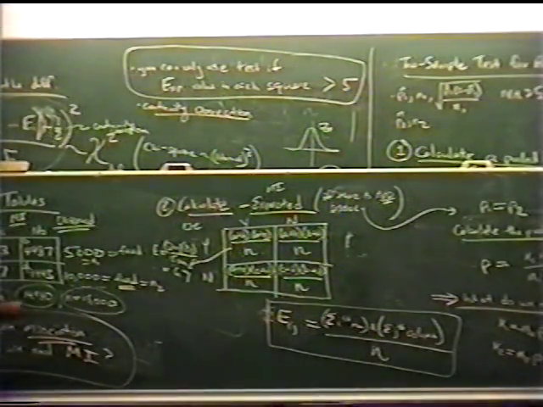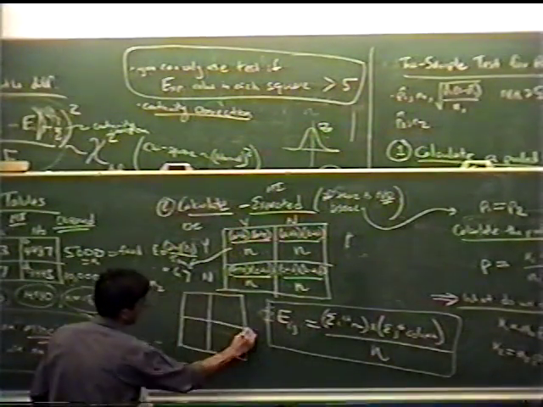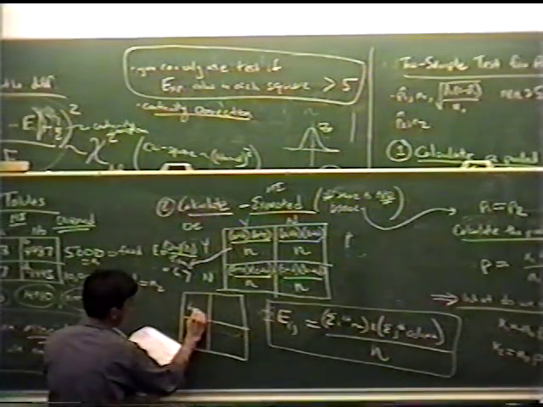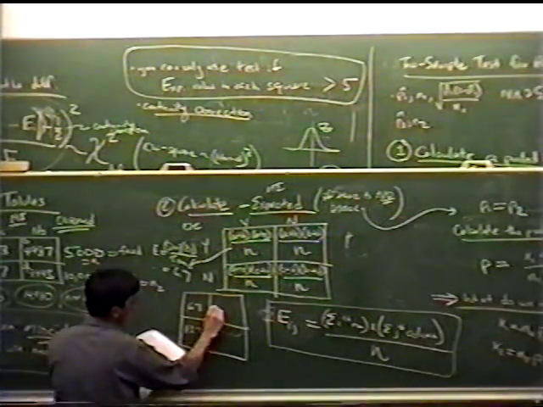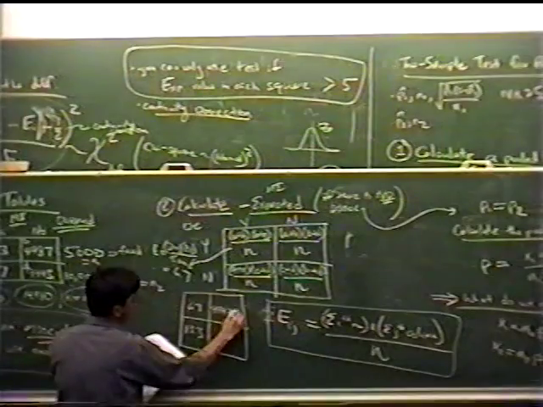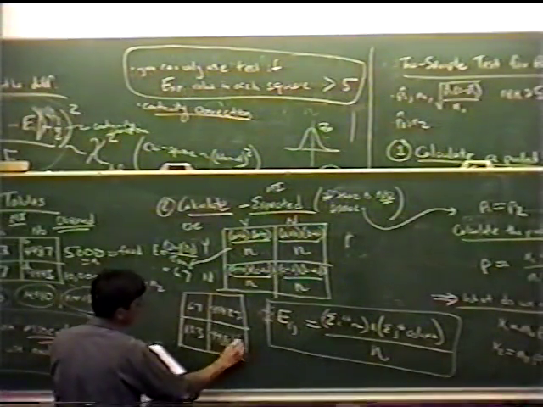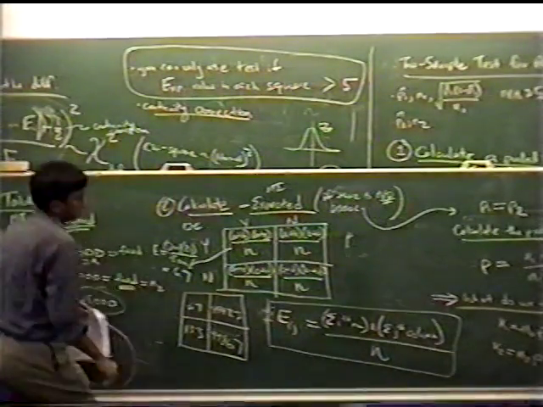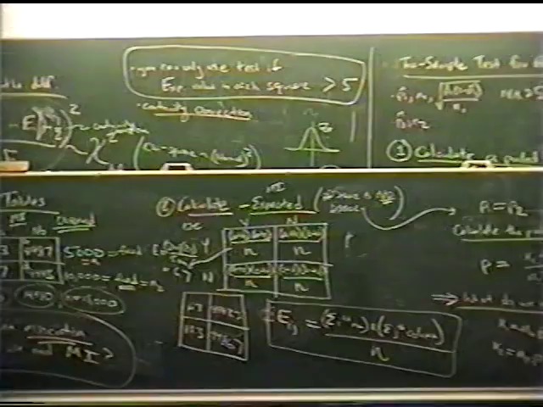When you do the whole table, what you end up with are these values, and you should go back and calculate these out. You get 6.7, 13.3, 4993.3, and 9986.7. Those are the expectation values when you calculate it out. Okay?